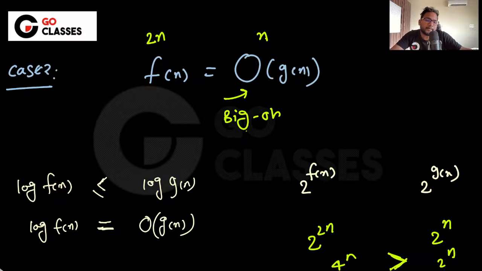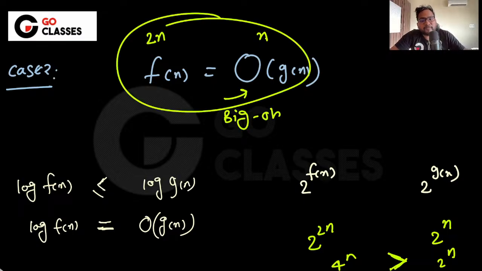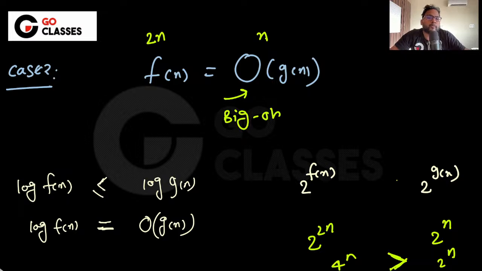So basically what I'm trying to say is that just because of this constant, things are changing too much. So the counterexample here is that after taking the power, it need not be big O. It could be even greater.